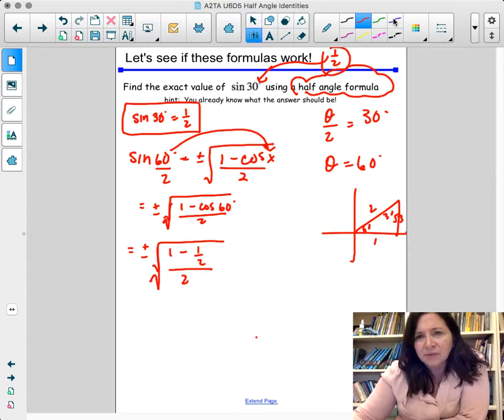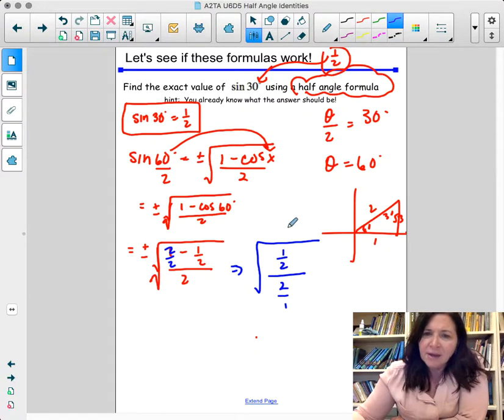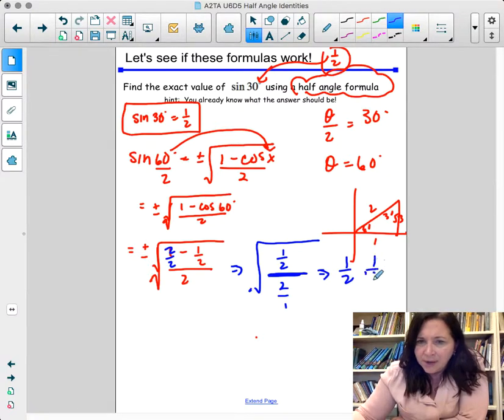Now you need to simplify that, and I'm going to multiply by 2 over 2. So I'm going to get 2 halves minus 1 half makes 1 half. So this is 1 half divided by 2, and that 2 is over 1. Keep in mind, division is multiplying by the reciprocal. So that's equal to 1 half times 1 half, still under the root, which is 1/4.